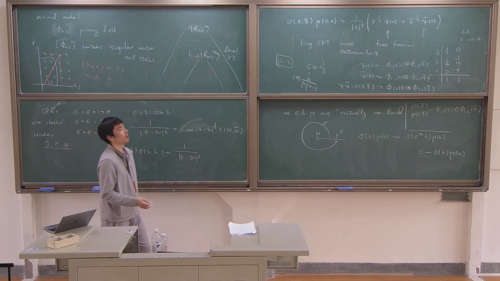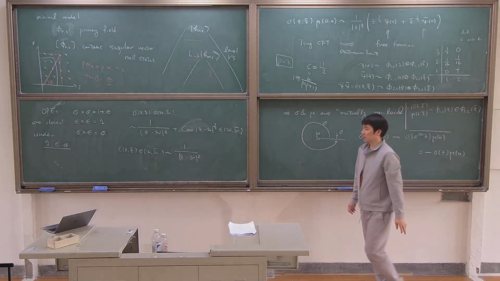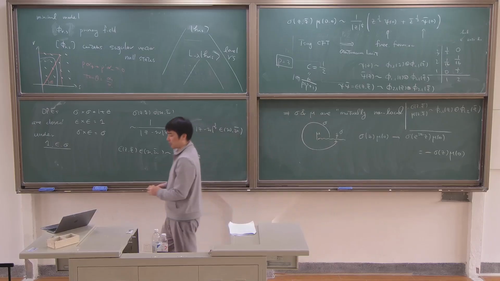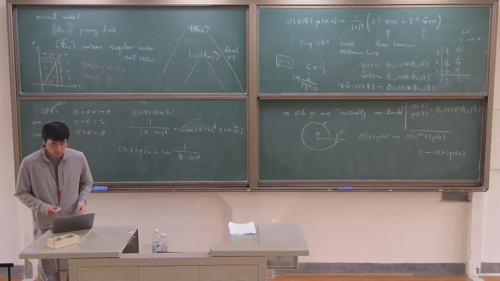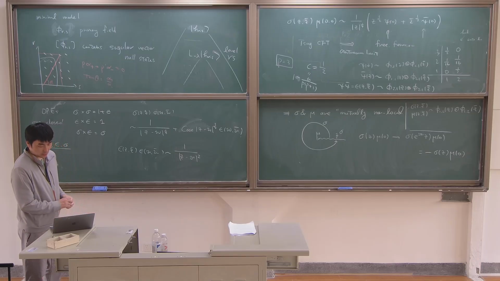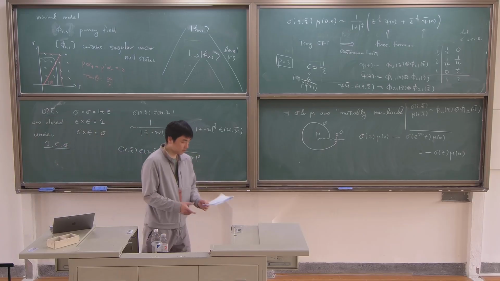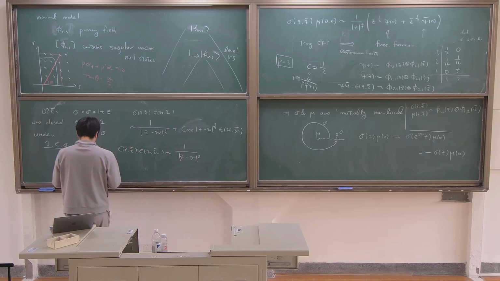So 4 times 1/2. This is a critical exponent, and so on. So that's the OPE of the Ising model. Okay, so that's the case.